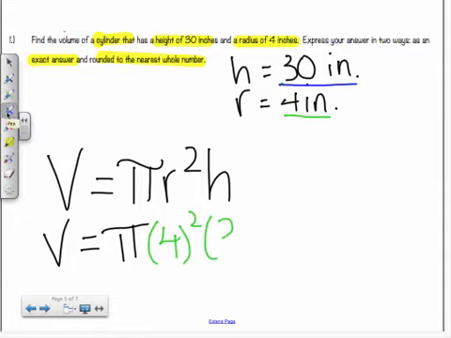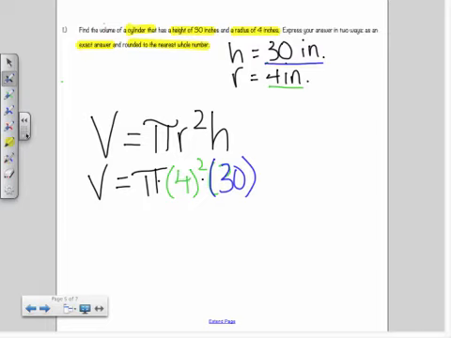All right. So then I just follow order of operations. I have all sorts of multiplication here, but I also have exponents. So I'm going to make sure I do my exponents first. So when I square the 4, I end up getting 16. So this will be V equals pi times 16 times 30.